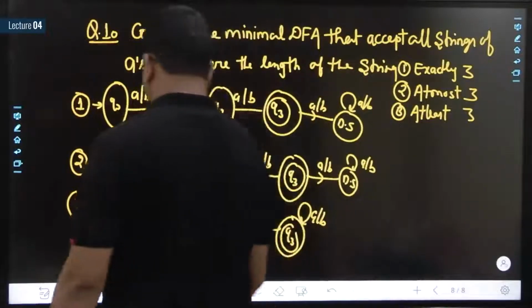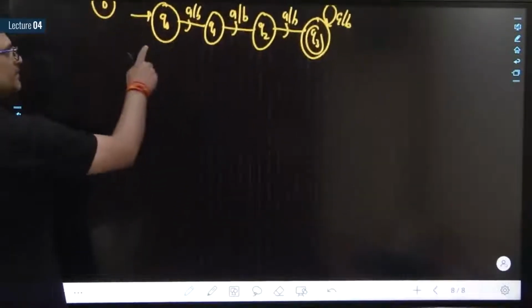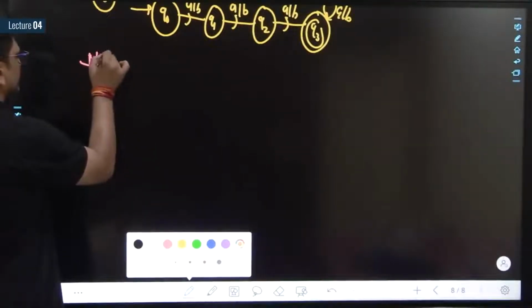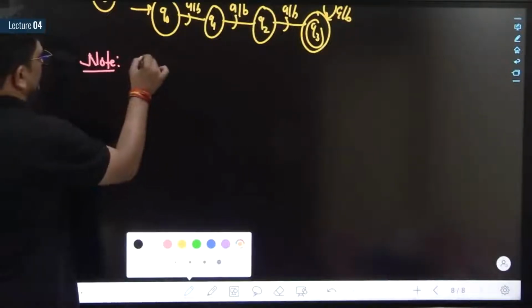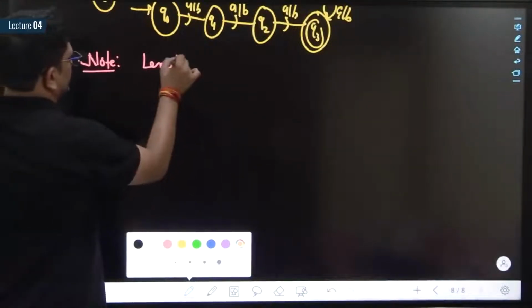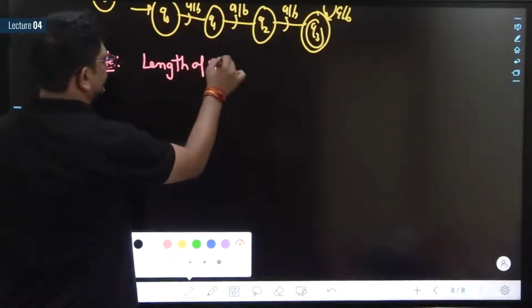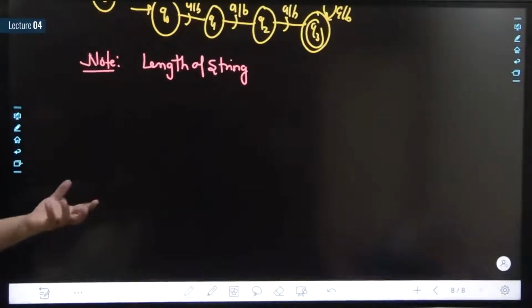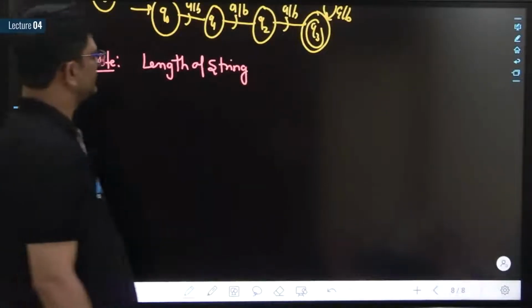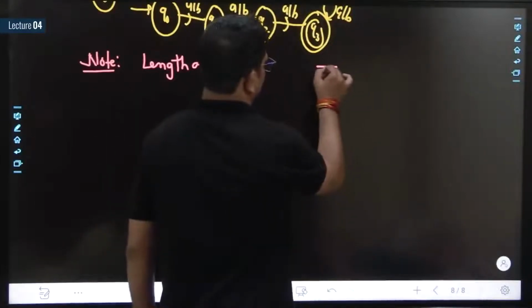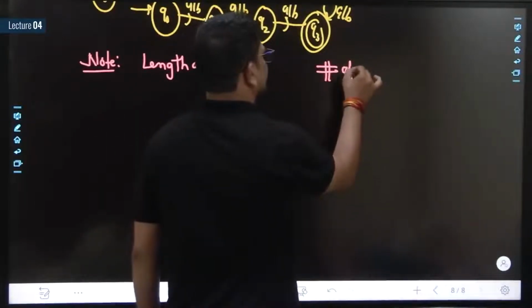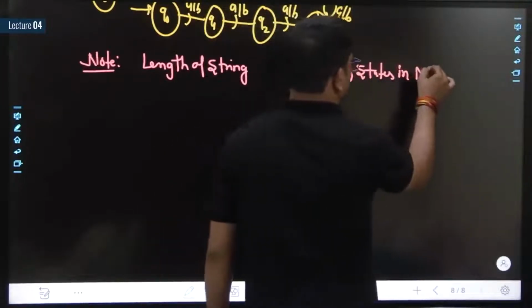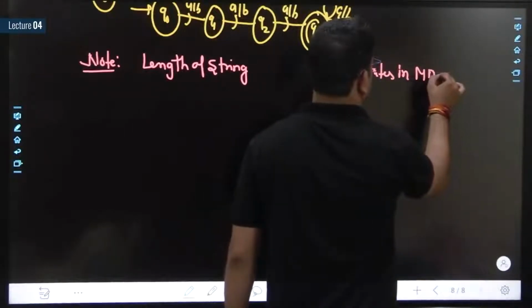Note, the length of a string, irrespective of any number of input alphabets: the number of states in the minimal DFA.